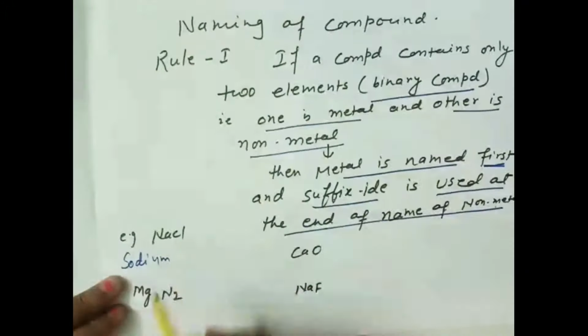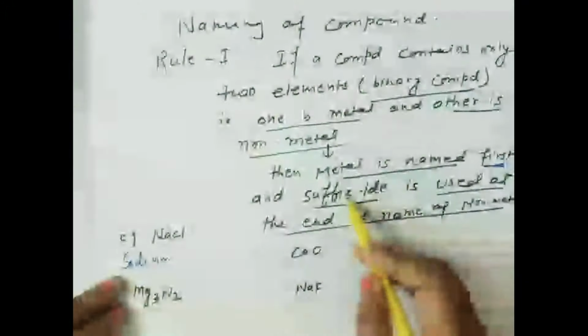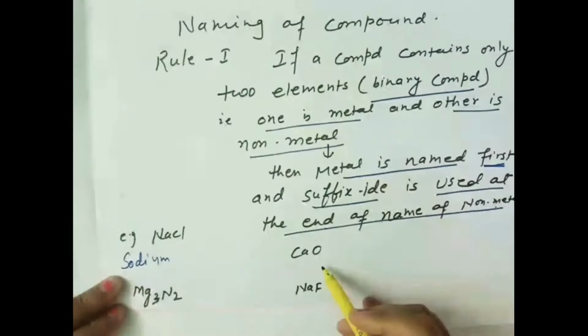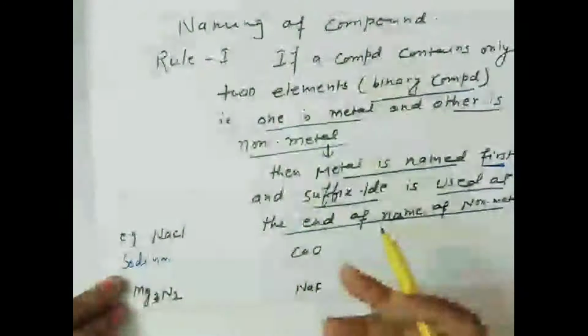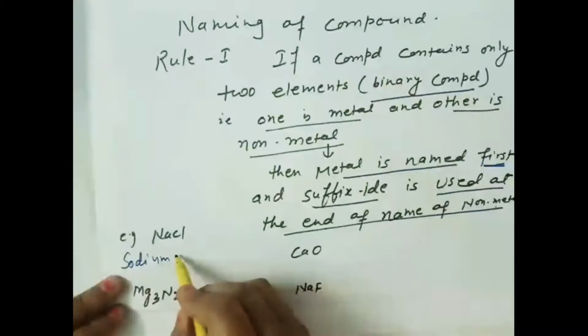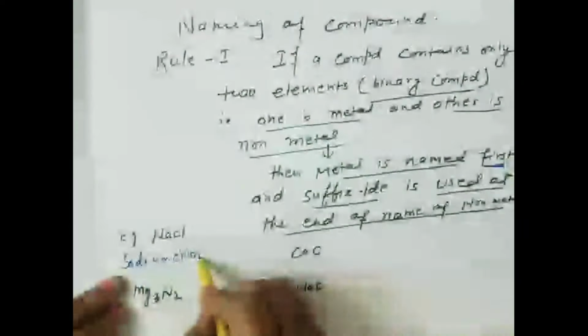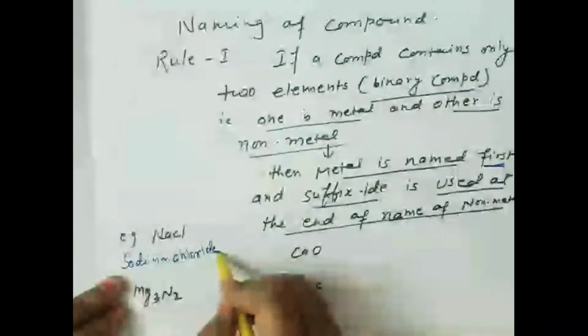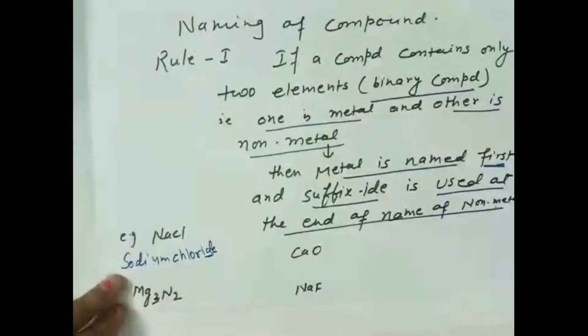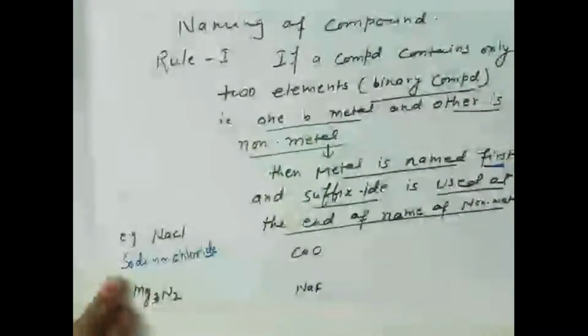Non-metal is chlorine, and we have to use suffix IDE at the end of the name of non-metal. So chlorine के last में हम लोग को IDE लगाना है. So we can write chloride, IDE, chloride. So name of the compound is sodium chloride.